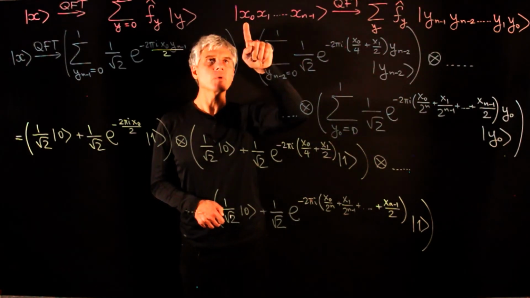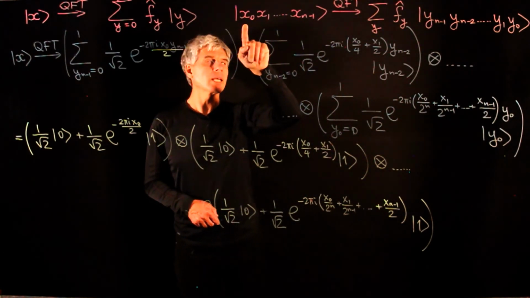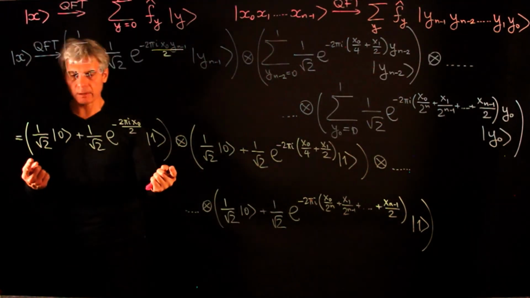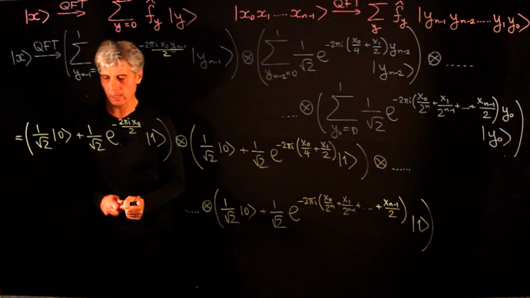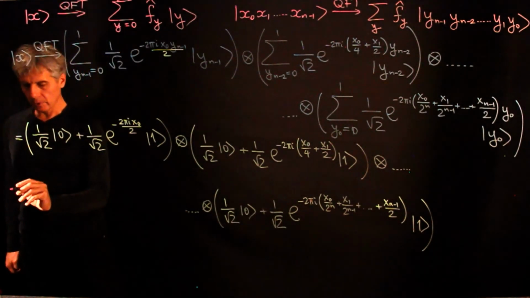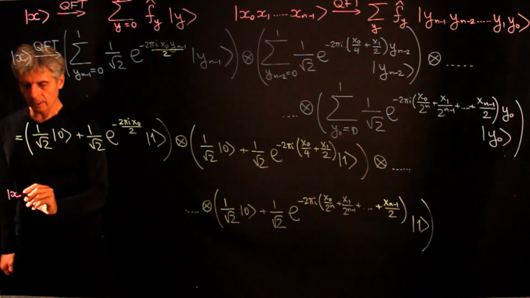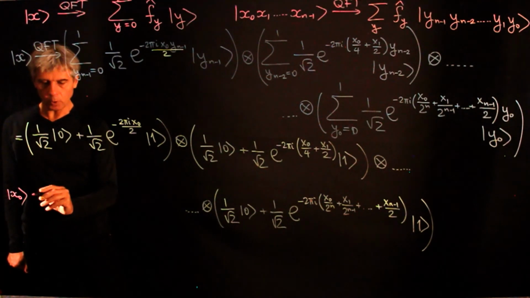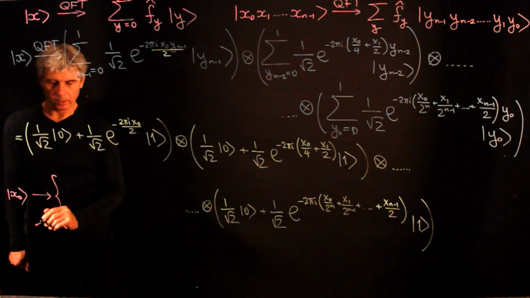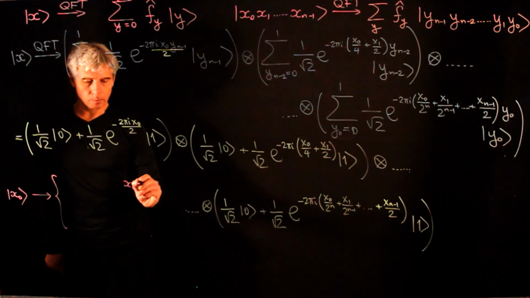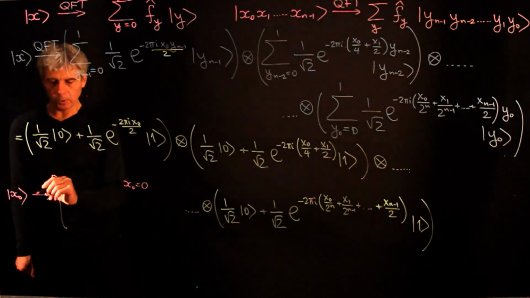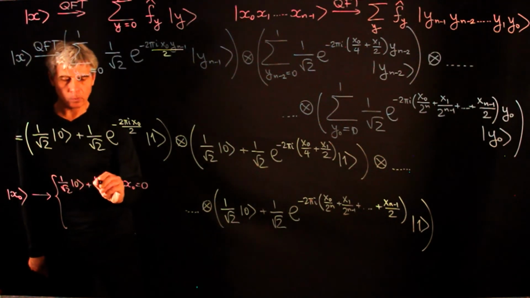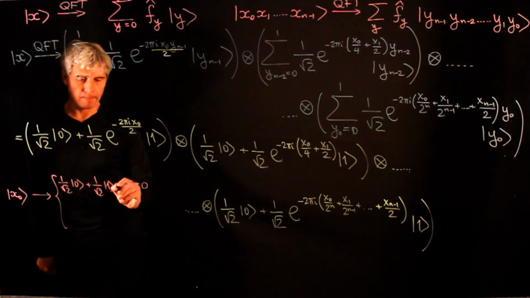Now, let us see how we can transform the qubit x0 into the qubit corresponding to yn-1. Essentially, this corresponds to this factor here. So if we start with our qubit x0, it transforms in the following way. If x0 is equal to 0, then it will be transformed into 1 over square root of 2 |0> plus 1 over square root of 2 |1>.